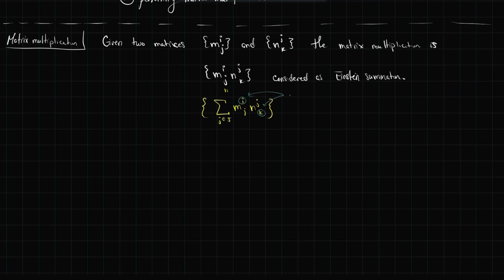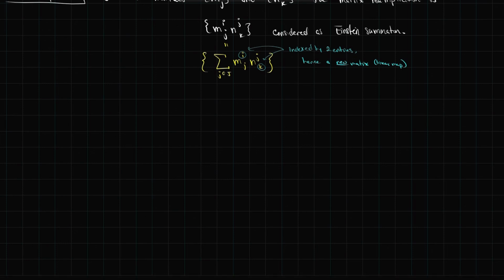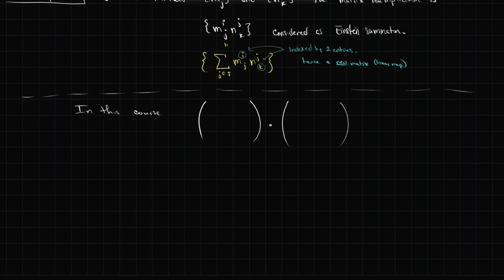So since it's indexed by two entries, hence a new matrix or a new linear map. So that's like the really effective way of computing these matrix multiplications. But the way you should think in this course, the multiplication of two matrices is what I've already described.